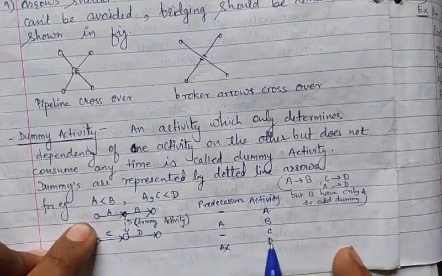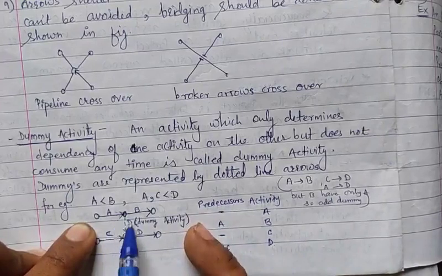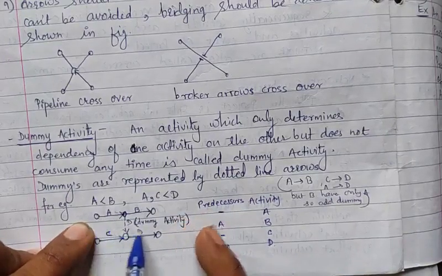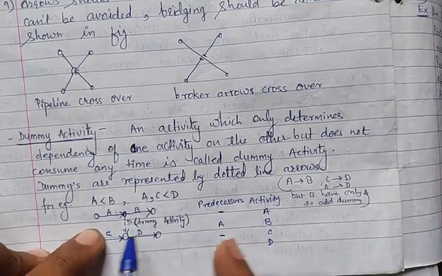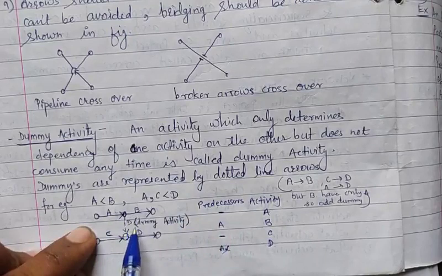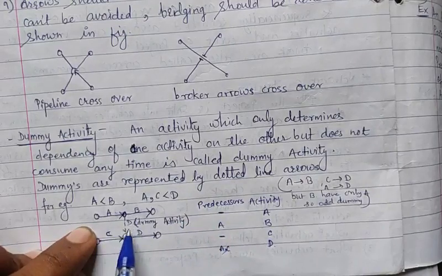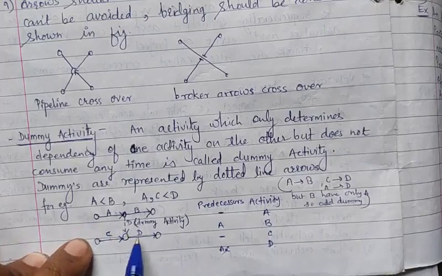A goes to D, but there is some space, so we make a dummy line here. So A goes to D, so the dummy value will be 0. So this dotted line is the dummy activity. So A goes to B and C goes to D.